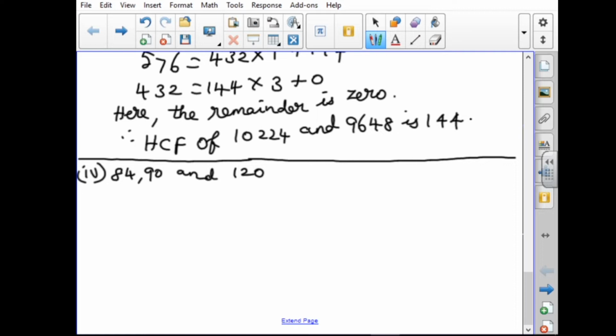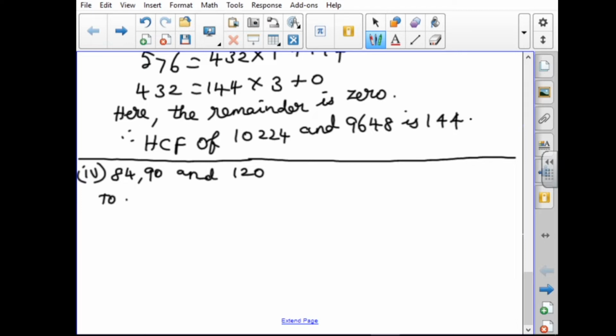Here we have to find out the HCF of 3 numbers. So for more than 2 numbers, we have to select two numbers only. So first we have to take the first 2 numbers. First we have to find out the HCF of the first 2 numbers. The first 2 numbers here are what? 84 and 90.